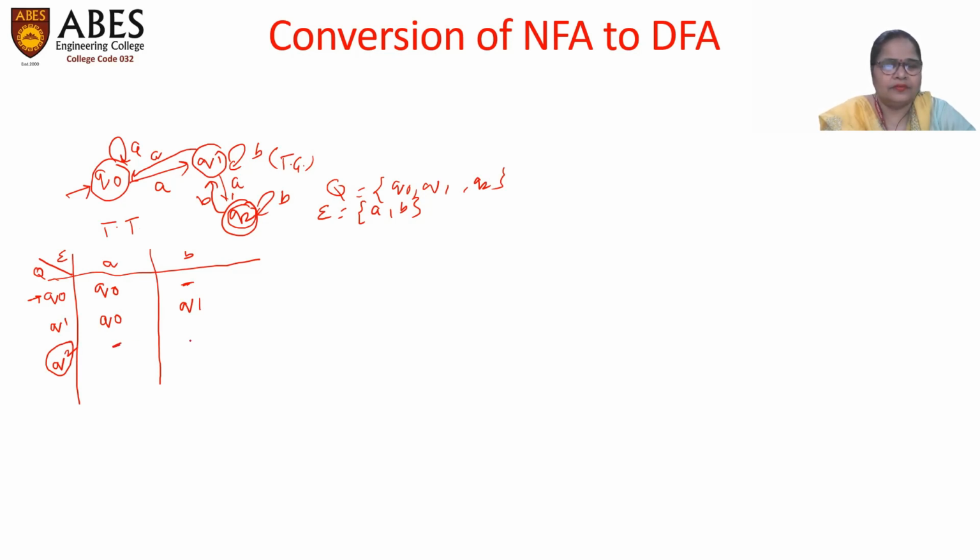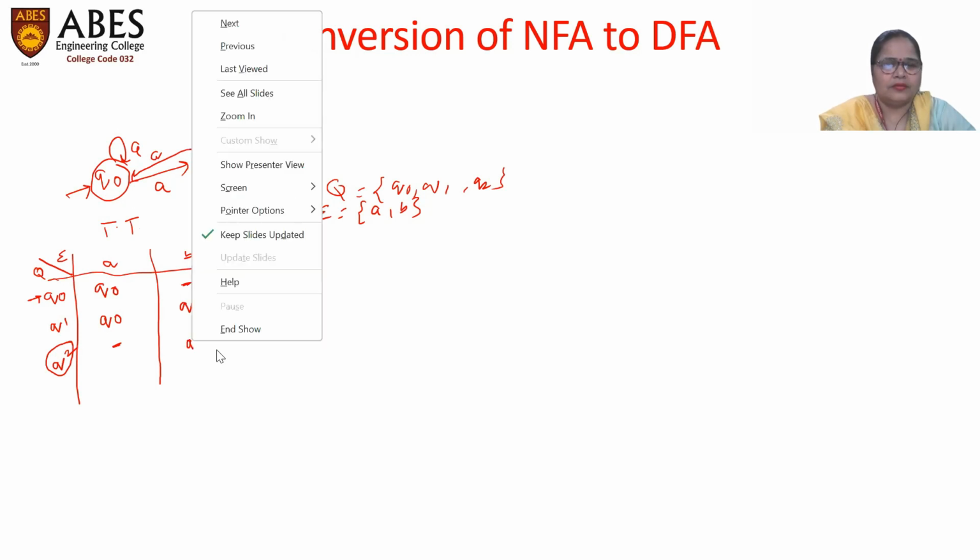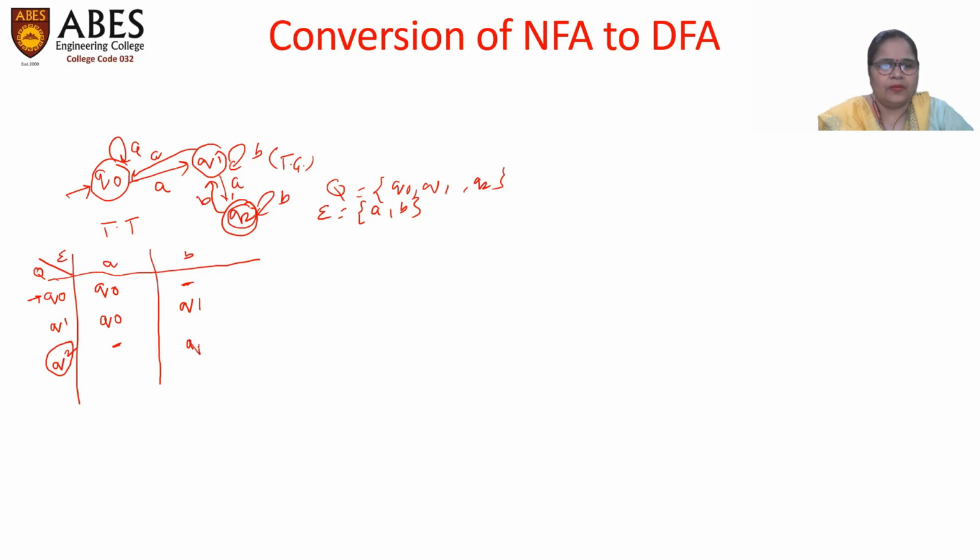At state Q2, for A, and for B, Q2 and Q1. Okay, let me check first. Q0 at A, you are going to Q0, right? And for B, there is no transition function given to you.